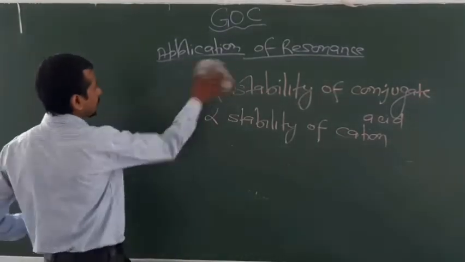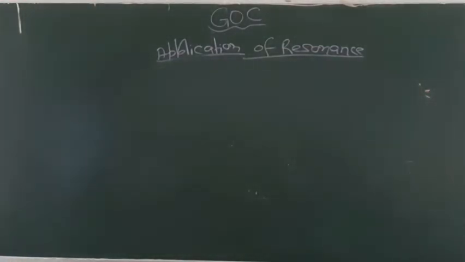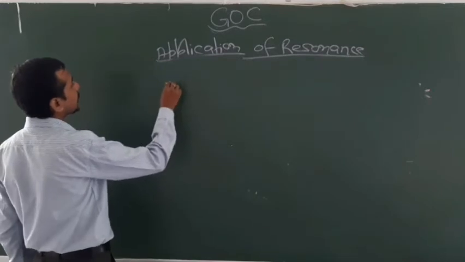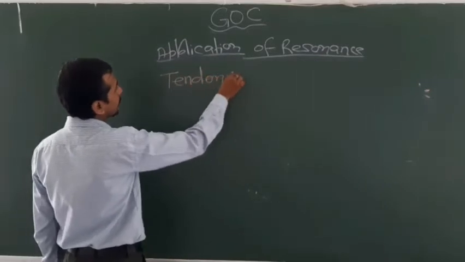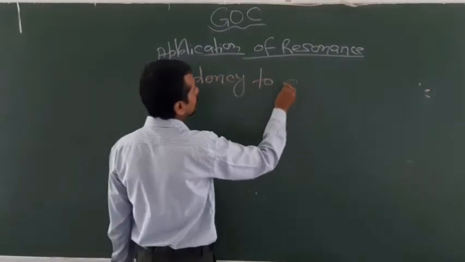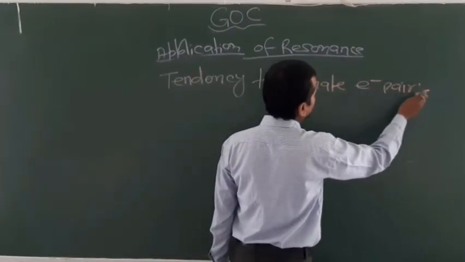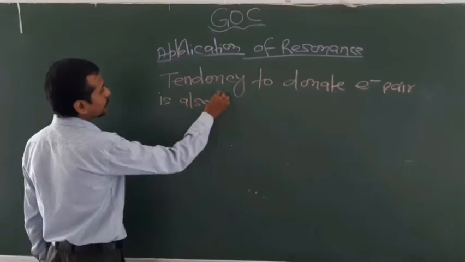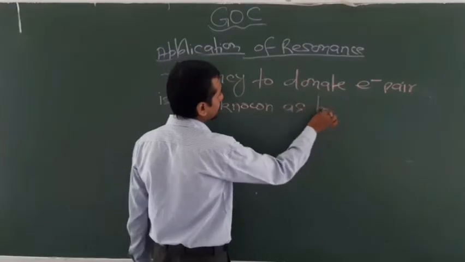Now dear students, look here, the basic strength can also be defined as the tendency to donate an electron pair. This is also known as basicity.